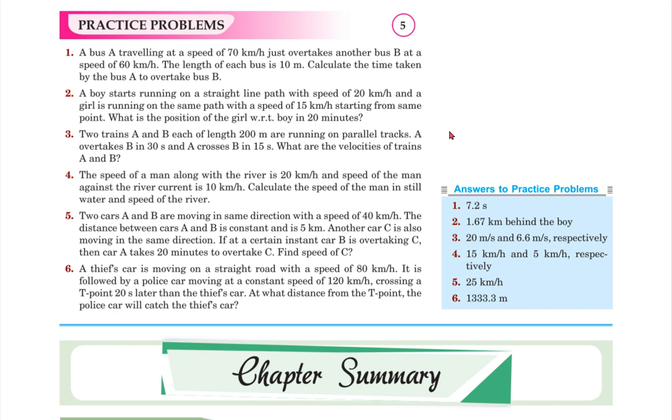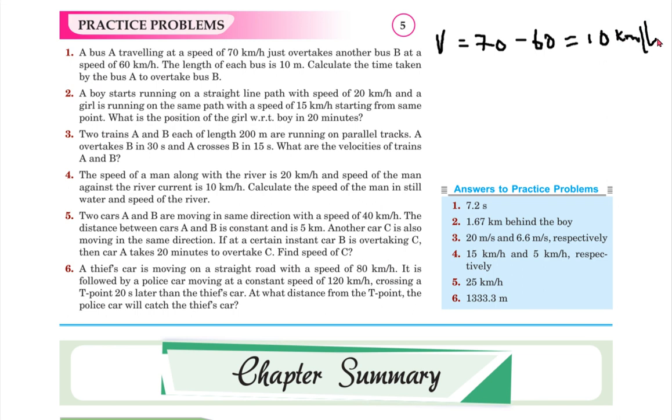That's the difference. So the total velocity V will be 70 minus 60, that is 10 kilometer per hour.